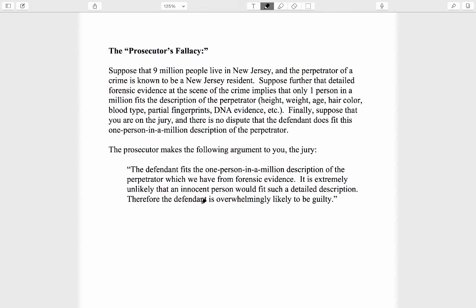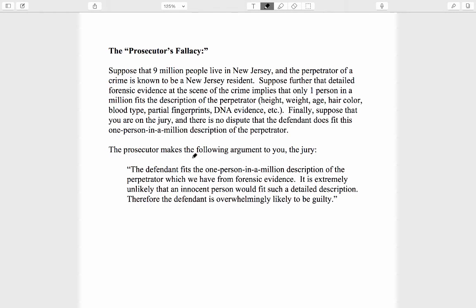Suppose further that detailed forensic evidence at the scene of the crime implies that only one person in a million fits the description of the perpetrator, based on height, weight, age, hair color, blood type, partial fingerprints, some partial DNA evidence, etc. Finally, suppose that you were on the jury, and there is no dispute in this case that the defendant, the person actually on trial, does fit this one person in a million description of the perpetrator. The defendant really does have the height, weight, age, etc. that are known to be true of the perpetrator.